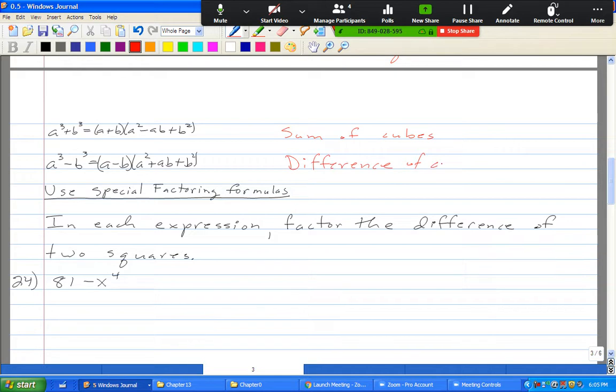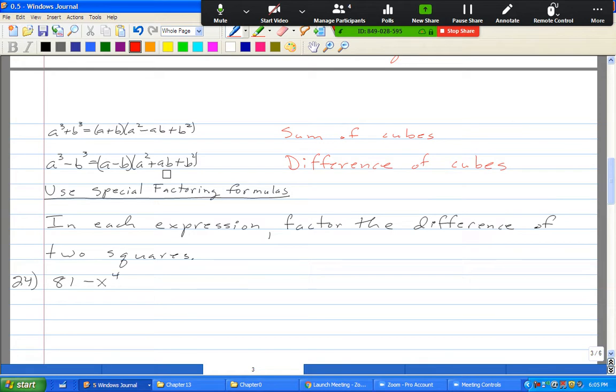Notice that the sum of cubes and the difference of cubes formulas are very similar. I'll point out the differences between the two, and how you can memorize these. So a cubed minus b cubed is a minus b quantity times a squared plus ab plus b squared.